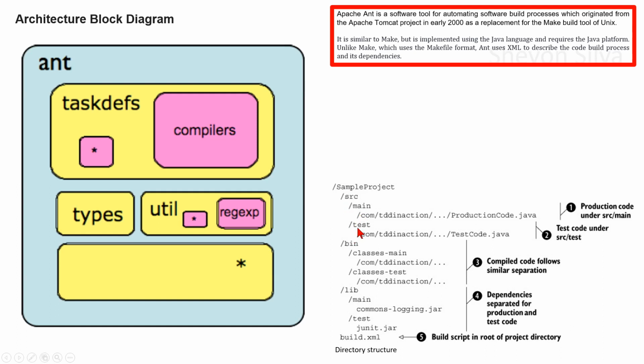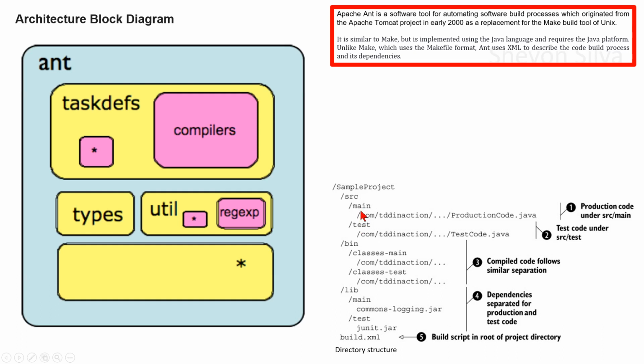Having separate source trees provides for an easier distinction between test code and production code, and also makes writing build scripts a lot easier.